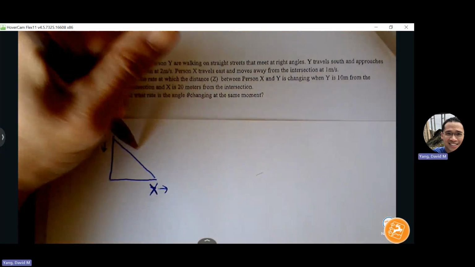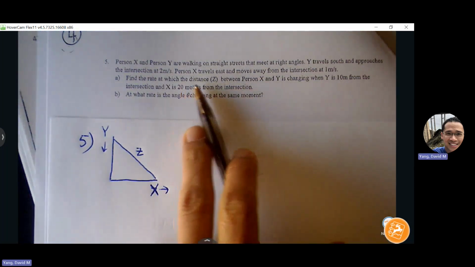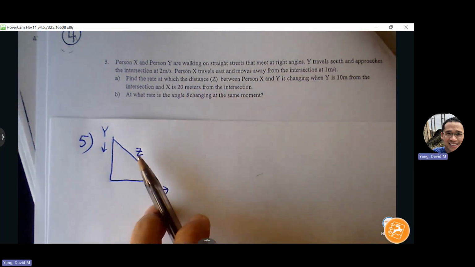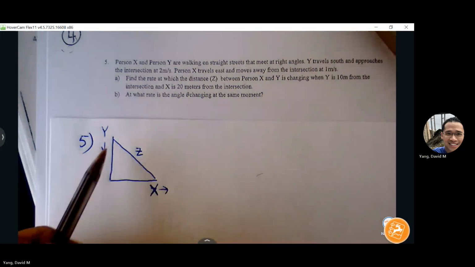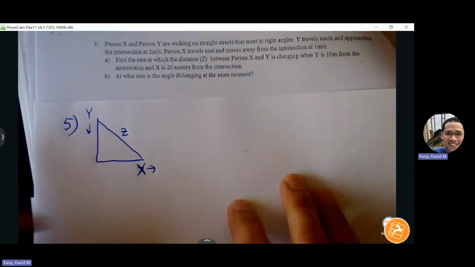Okay, so I'm going to call this X, Y, Z here. Find the rate at which the distance z between person X and Y is changing. So we know the Pythagorean theorem. We're going to find the derivative, getting all the variables accounted for. So part A should just be a familiar problem that we've seen in the past.